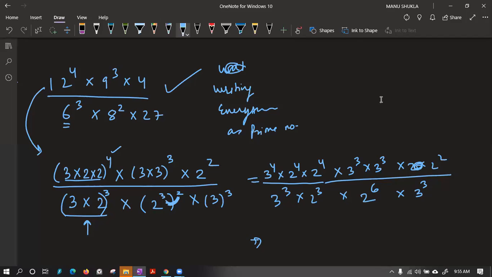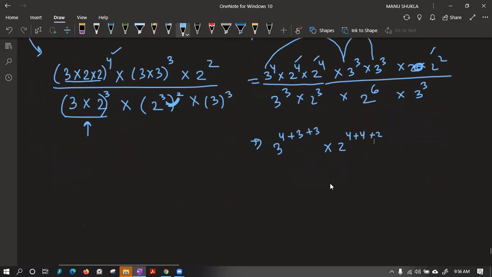Now, we have studied when there are same bases, powers will add. So we will have 3 power 4 plus 3 plus 3. Similarly, 2 power 4 plus 4 plus 2. What I have done? I have seen the same base and I have added the powers.